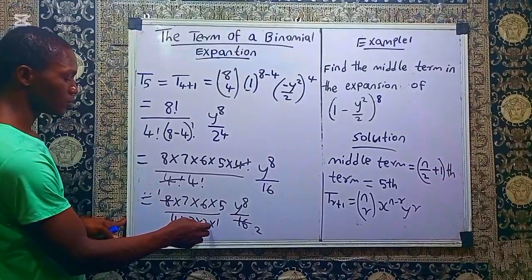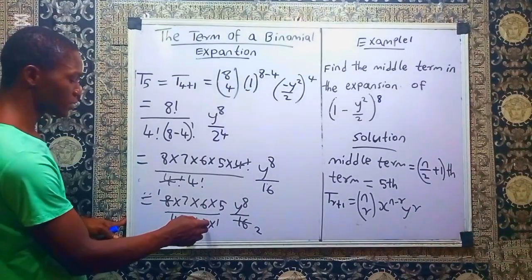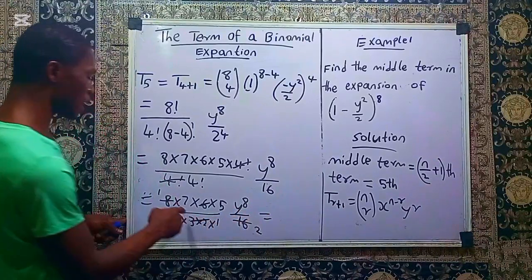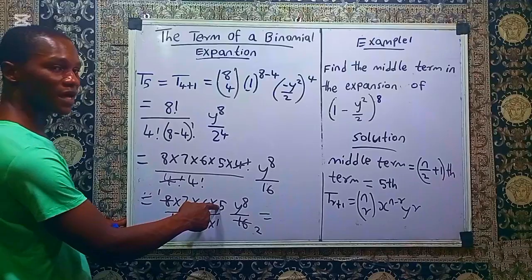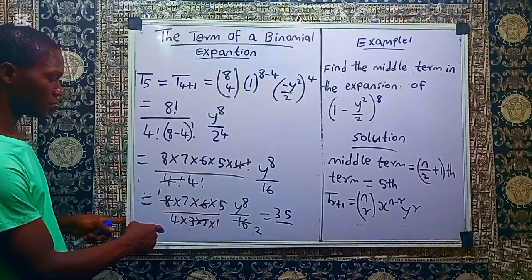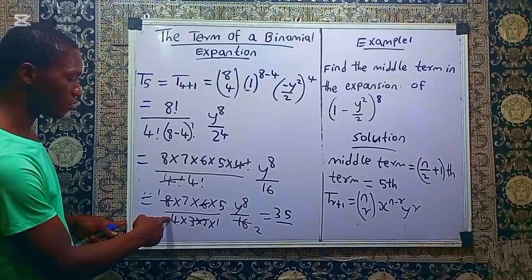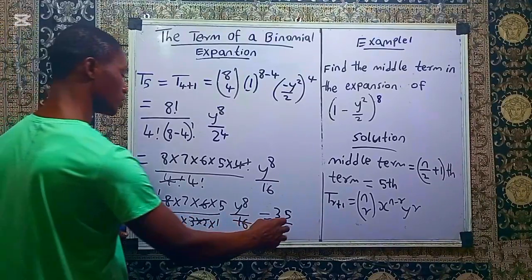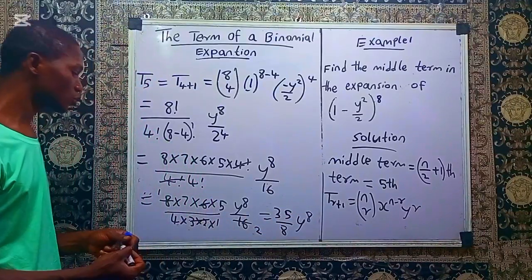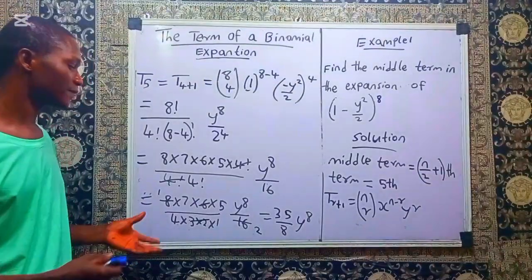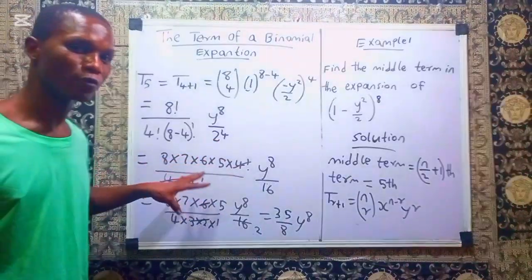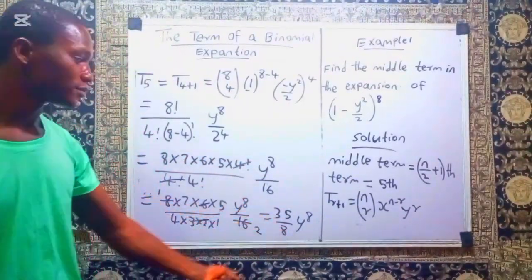Then coming here, 3 times 2 is 6, which can divide 6. If you reduce this, what we have up is 1 times 7 times 5, which is 35, divided by 4 times 1 times 2, which is 8. Then we have y raised to power 8. So this is the final result of the simplification. You can cross-check the simplification using your calculator to confirm this answer.